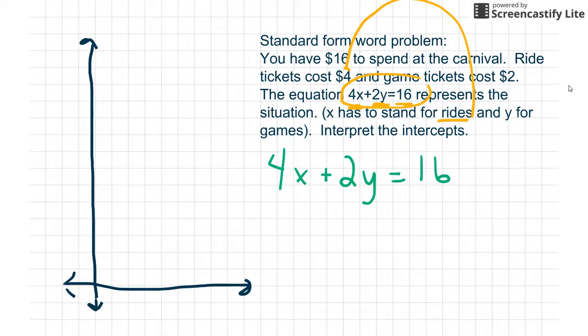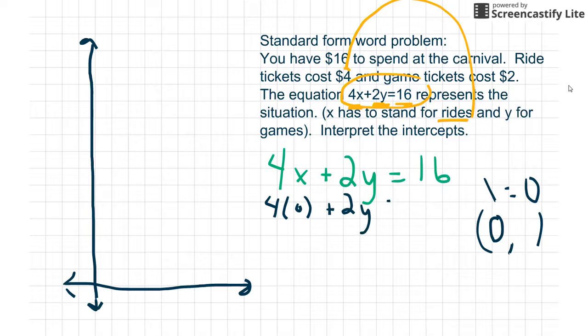That will be given to you, and you're just going to have to be able to interpret the intercepts. So first of all, if I'm going to interpret the intercepts, I have to find them. So the first thing I'm going to do is find my intercepts for the equation equals 16. I'm going to say that x is 0. So we can say 0 goes in the x spot. What's the y going to be?